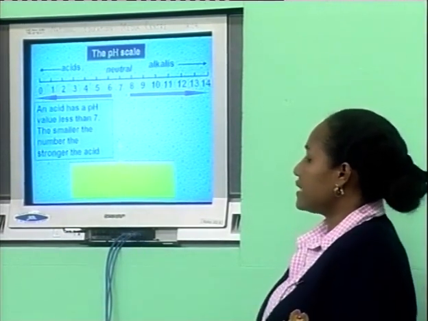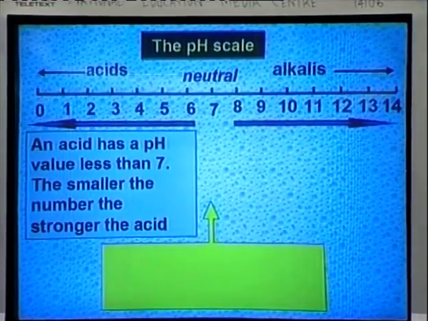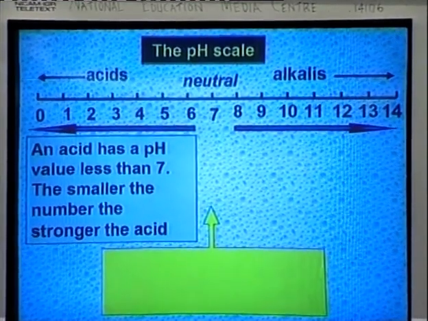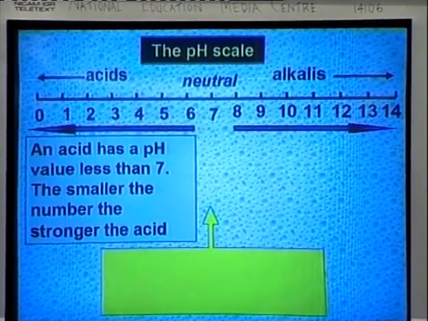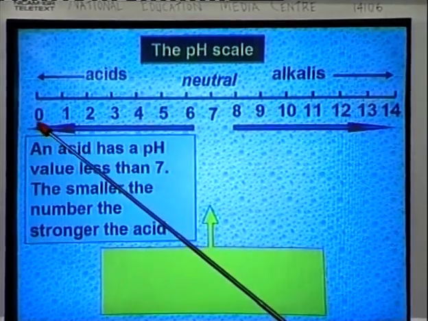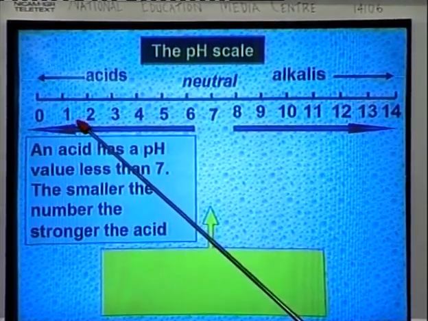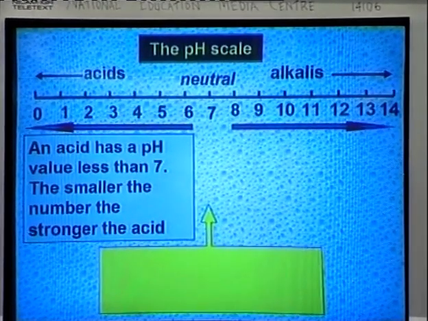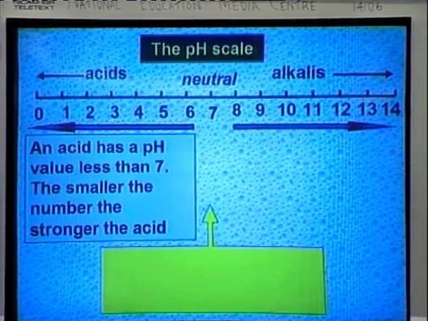Now some more information. An acid has a pH value less than 7. The smaller the number, the stronger the acid. So 0 and 1 are numbers that show that the acid is very strong.